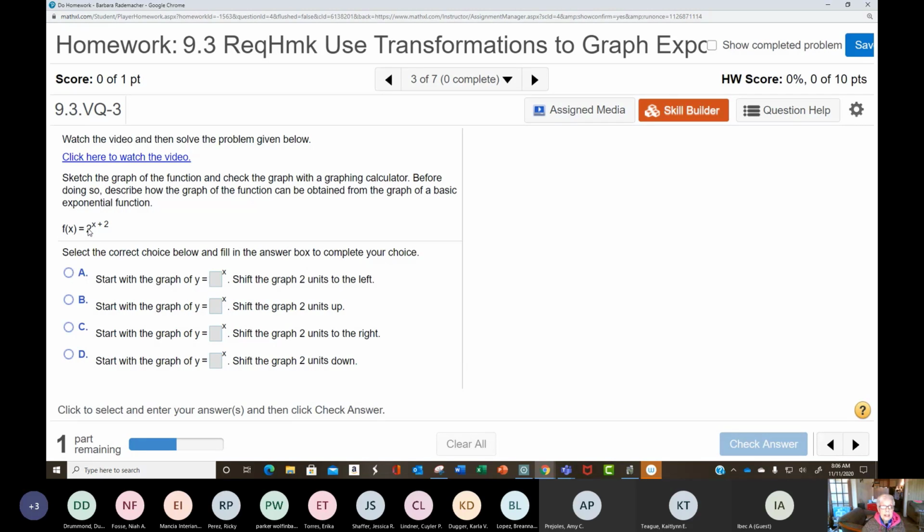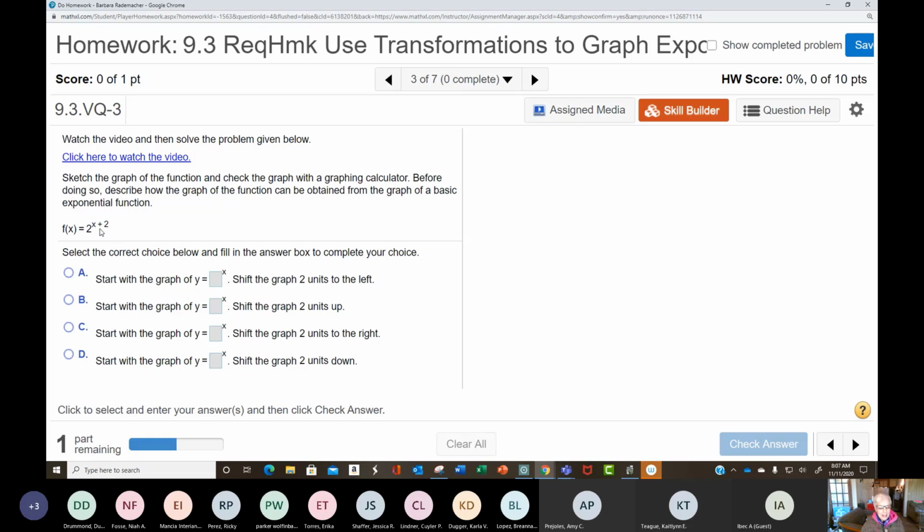Here you have 2 to the x plus 2. So your basic function is 2 to the x. Now, what you're being asked to do is start with the graph of y equals what? 2 to the x. Then, are we going to shift it to the left?